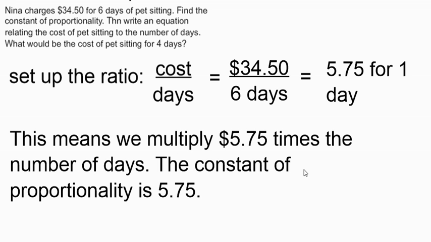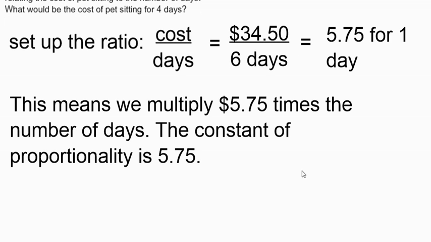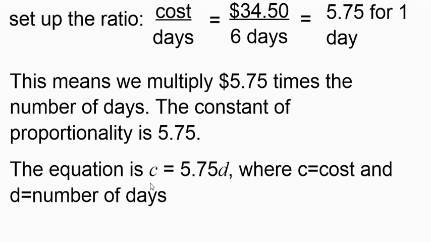So the constant of proportionality is going to be $5.75. All right, so now we're going to use this information and make an equation. So it means 5.75 times the number of days is going to equal our cost. So our equation is C equals 5.75D, where C equals cost and D equals number of days.